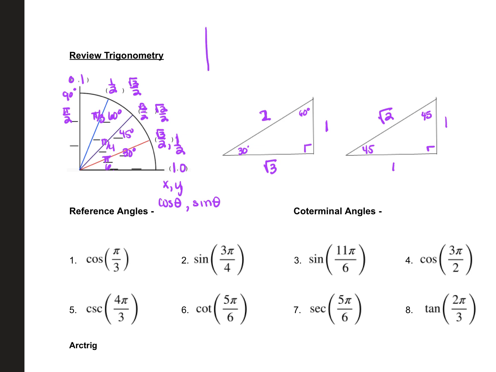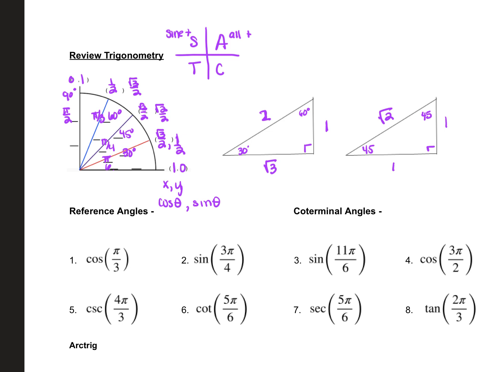Remember that all students take calculus. This tells you which ones are positive. So all trig functions are positive here. Sine and its reciprocal are positive here. Think about that. Sine is y. It's above the x-axis, so it's positive. Cosine is x.